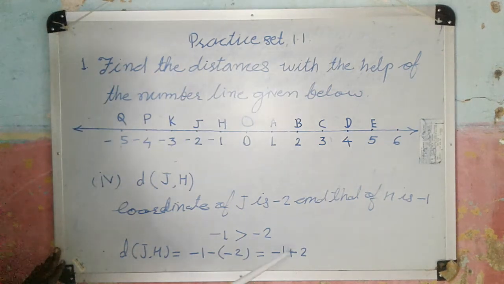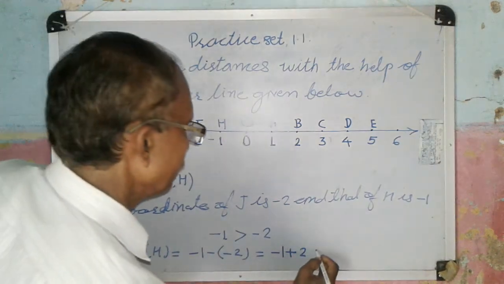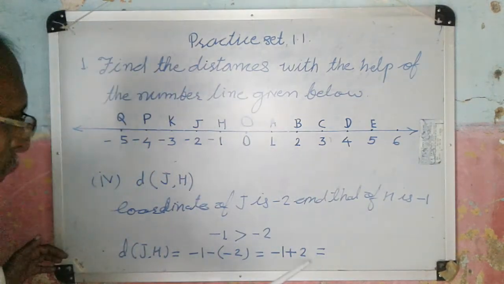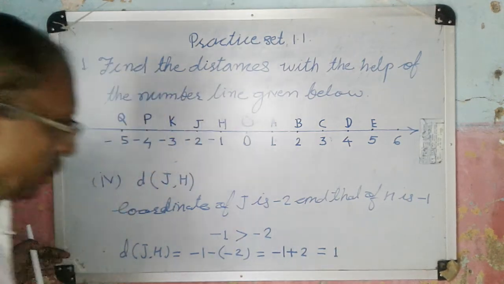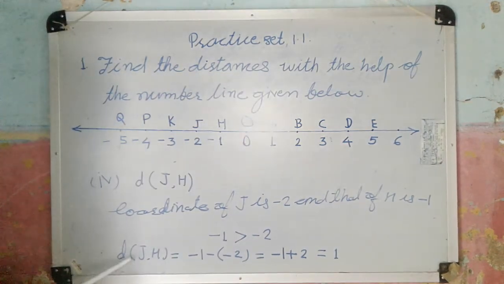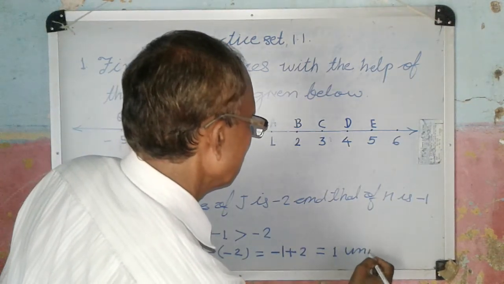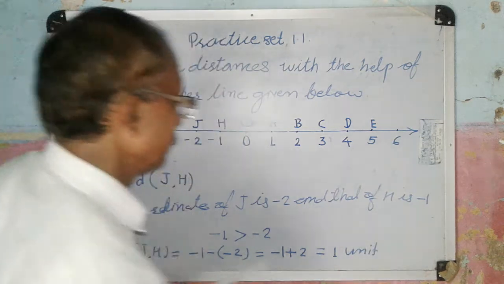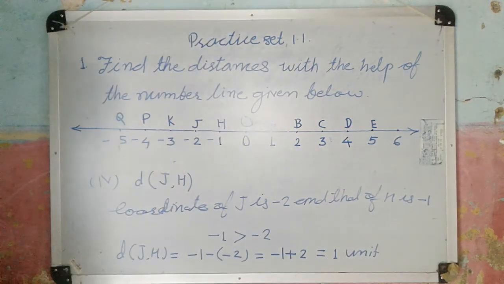Minus into minus, it becomes plus. And minus 1 plus 2 means 2 minus 1. So we get 1. So distance of JH is equal to 1 unit.